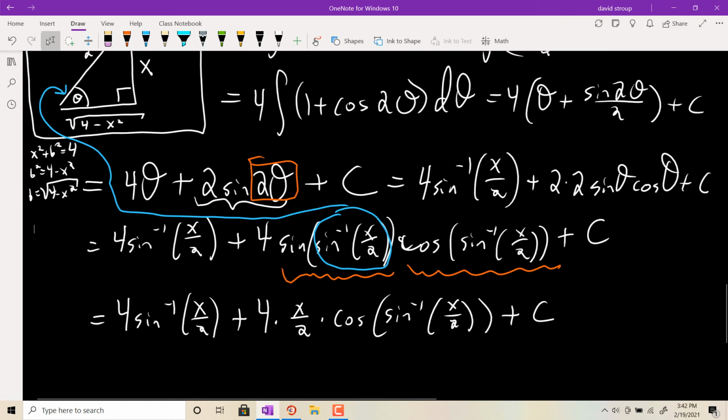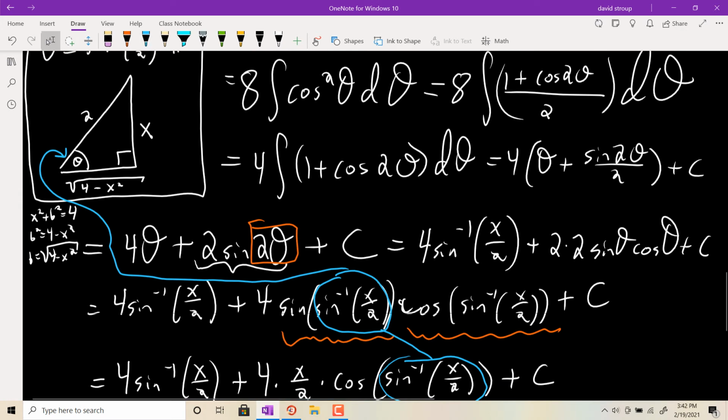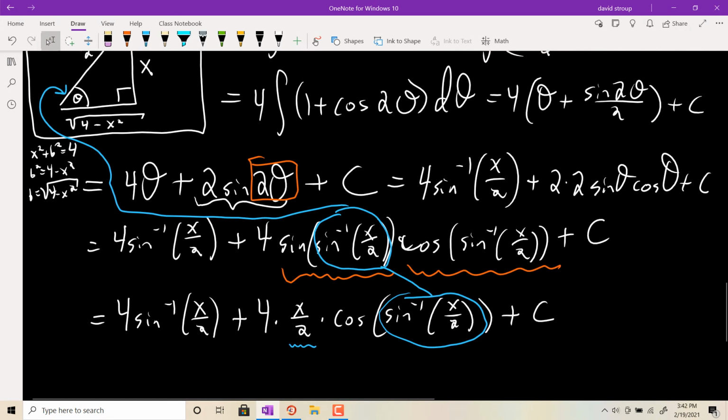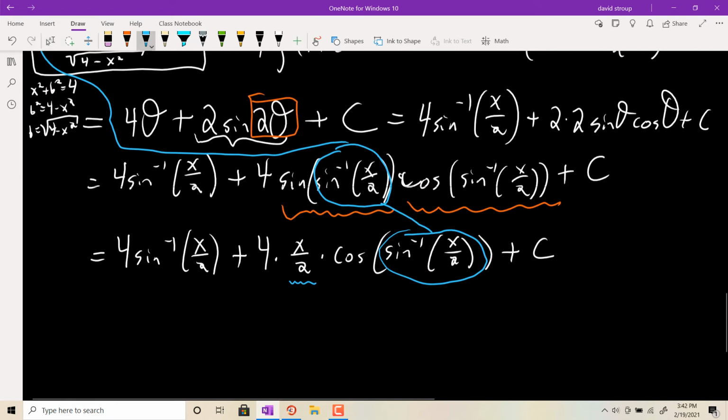So sine of sine inverse of x over 2 is, as promised, x over 2. Then we can also figure out this other guy, right? In this case, we're doing cosine of this angle, sine inverse of x over 2. Cosine is adjacent over hypotenuse, so it's going to be the square root of 4 minus x squared all over 2.